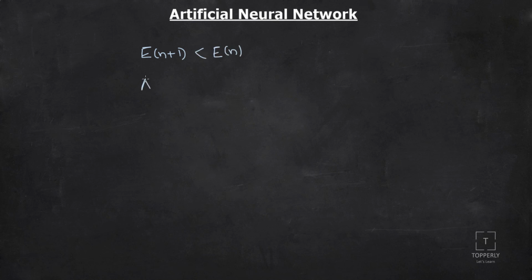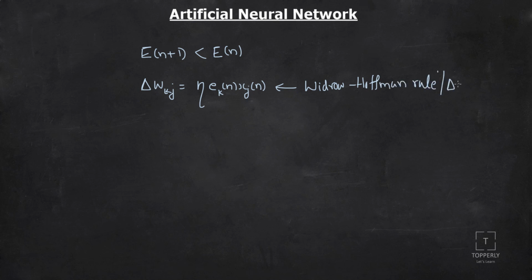Then we will update the synaptic weights using the delta rule, which is given as delta wkj(n) equal to eta ek(n) into xj(n). This is also called the Widrow-Hoff rule. The name for this is delta rule, also called error correction learning rule, where this eta is a positive constant that determines the rate of learning.